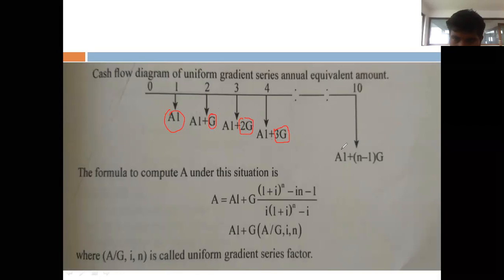So the general formula is A1 plus (n minus 1) into G. This is the formula to find this amount to be computed, the uniform gradient series factor. Use this formula.